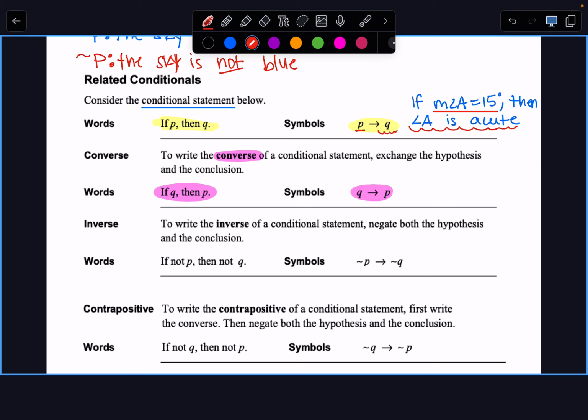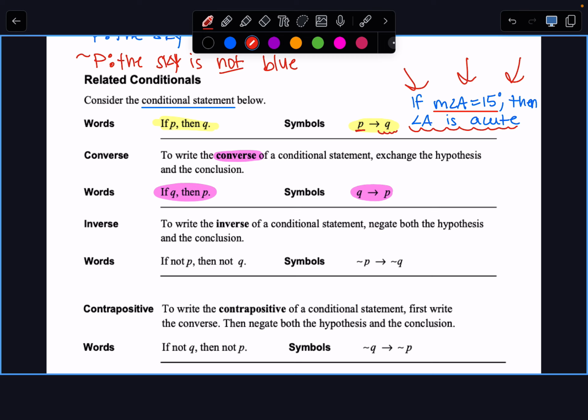Okay, so if P, then Q. So now if I'm going to write the converse, I'm going to take our original statement, this guy right here, and I want to write it as if Q, then P. So all we're doing is we're just switching the order of the hypothesis and the conclusion.